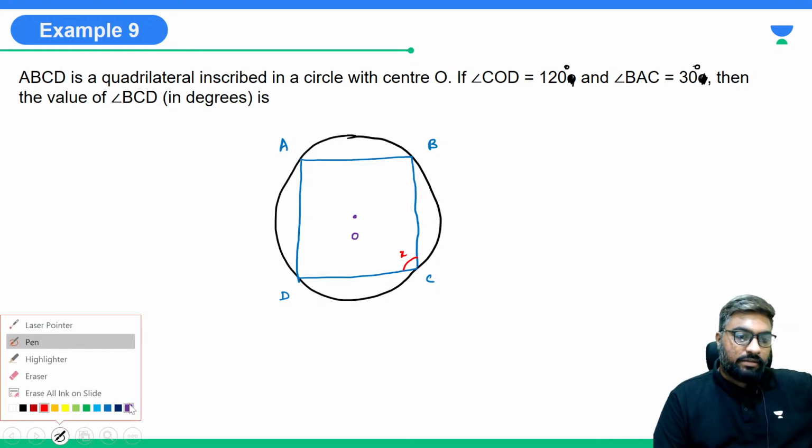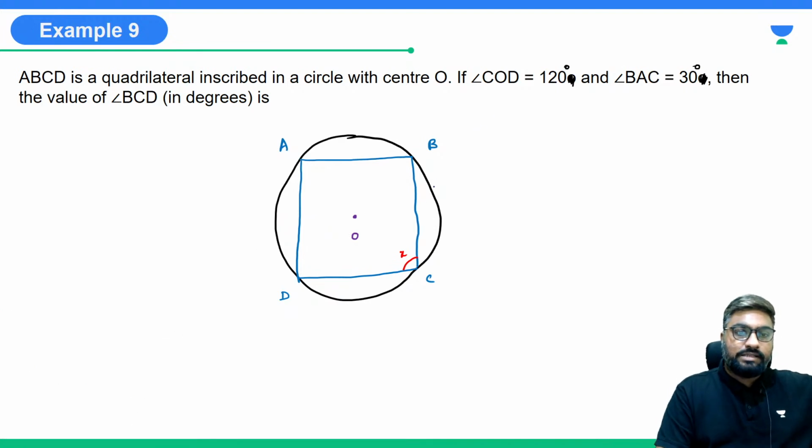Let's label them. They're saying angle COD, central angle here, angle COD is 120 degrees. Angle BAC, okay, so if we join this, BAC is 30 degrees.